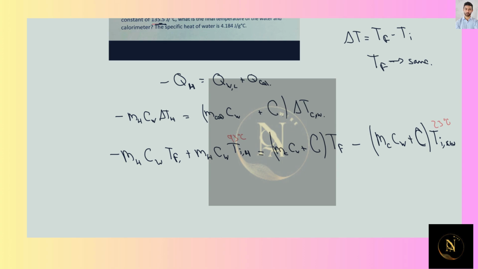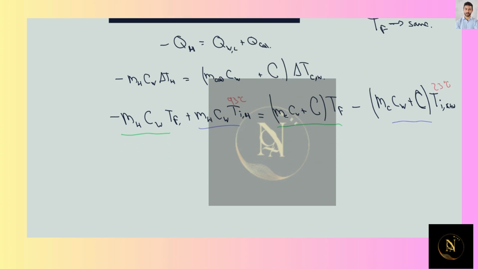Let's collect all of the terms that contain final temperature towards the right to make it positive, and all the other terms with initial temperature towards the left. So the left-hand side is going to read mass hot water, heat capacity of water, initial temperature of hot water, plus these big parentheses, mass cold water, heat capacity of water, plus calorimeter constant, times the initial temperature for both of the systems.